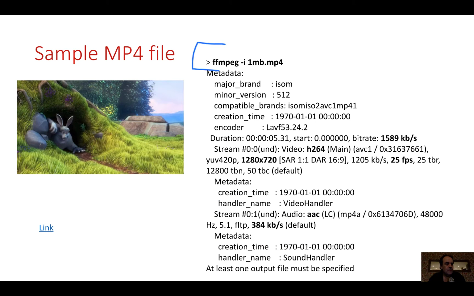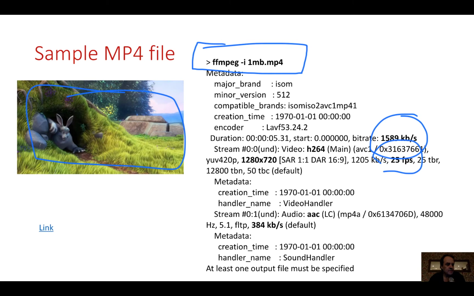We can use a program called FFmpeg to be able to investigate our files. So we can see in this case we're taking a movie here, and the key thing to look at is the bitrate that it's focusing on, so we need to make sure for this movie that we can provide that if we're streaming the video. So 25 frames per second, and there's the main resolution.